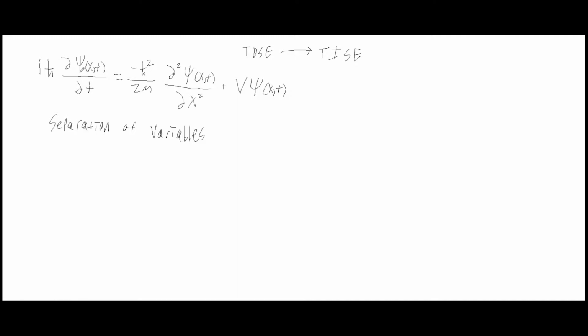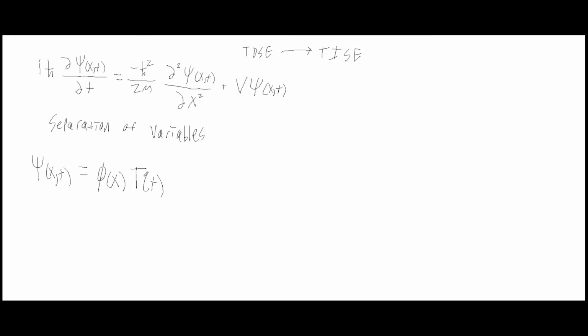I have this written here with our wave function shown explicitly as a function of space and time. We want to separate that spatial and time variable out. So our wave function, a function of both space and time, we set equal to a product of the wave function as a function of space, multiplied by the function of time.